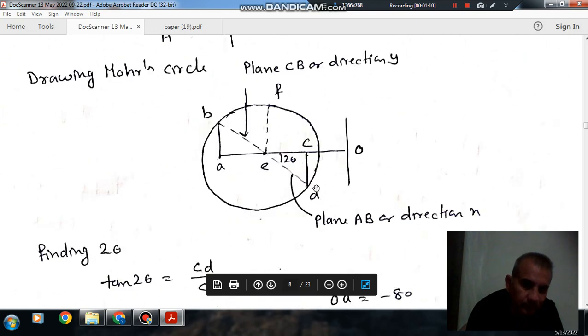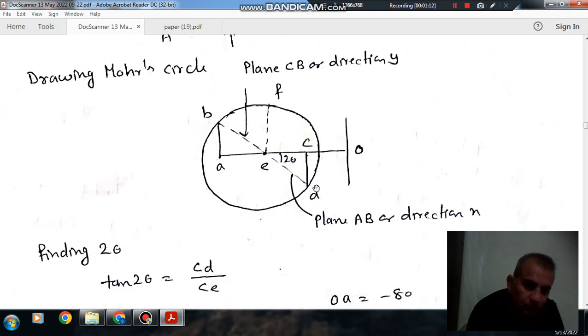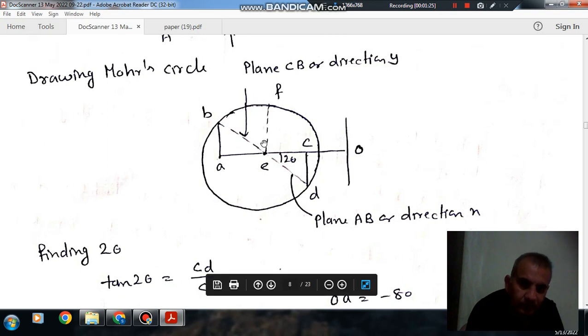So joining B and D, it will cut the horizontal axis at E. Taking E as center and EB or ED as radius, draw Mohr's circle. So ED represents plane AB, and CB represents plane CD, or direction Y, and this is direction X.